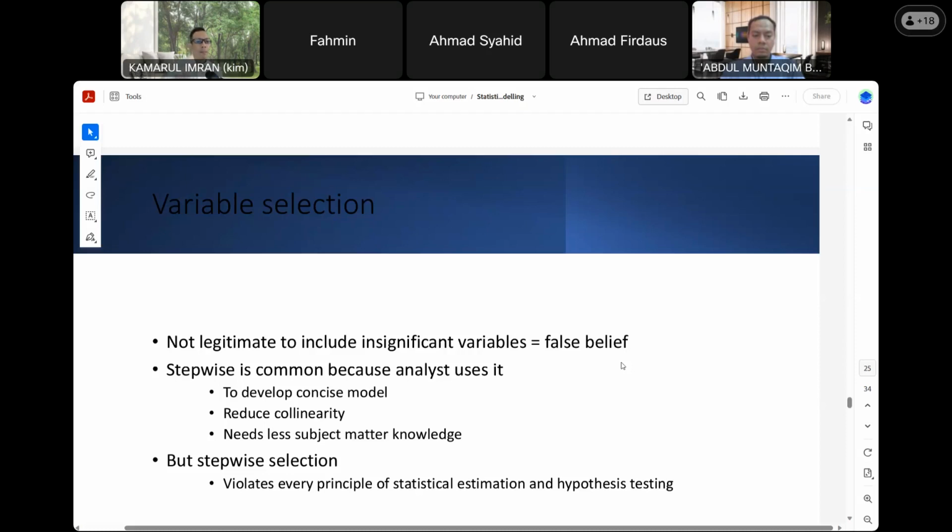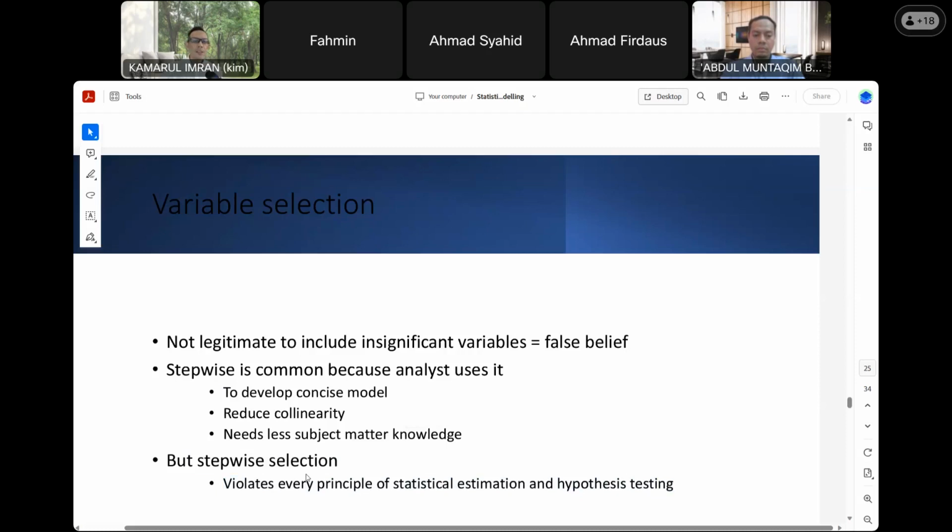But authors have agreed that stepwise selection, the implication is that it violates every principle of statistical estimation and hypothesis testing. Berat tu dia punya tuduhan kan. So stepwise selection violates every principle of statistical estimation and hypothesis testing.